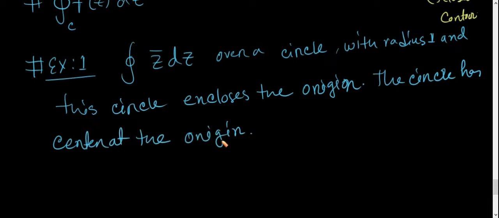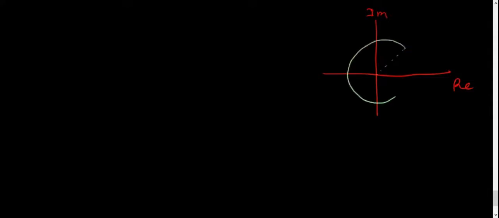So the first thing we are going to do is draw the contour itself on one side. So let's say this is my Argand diagram, and this is some unit radius, and this is our circle.